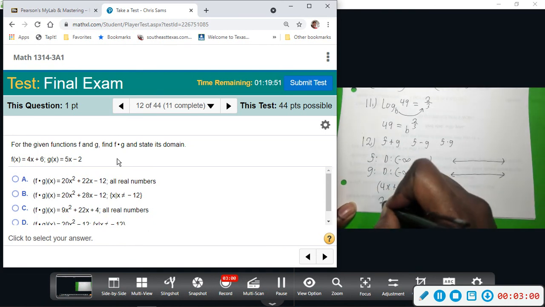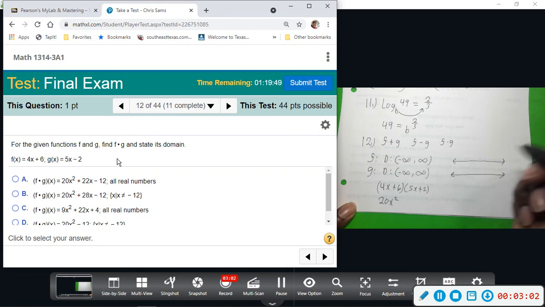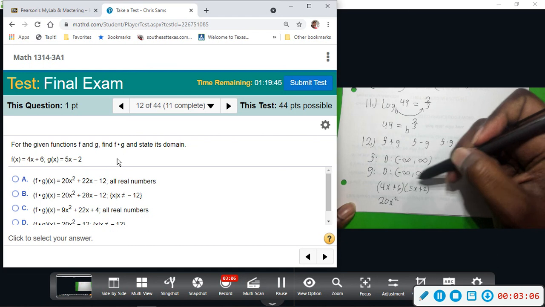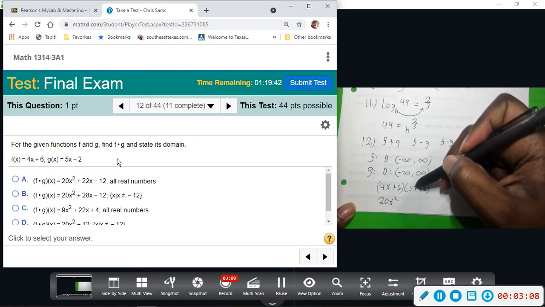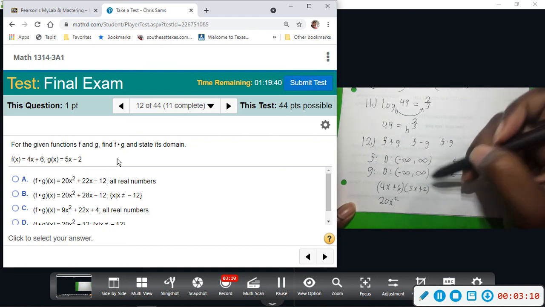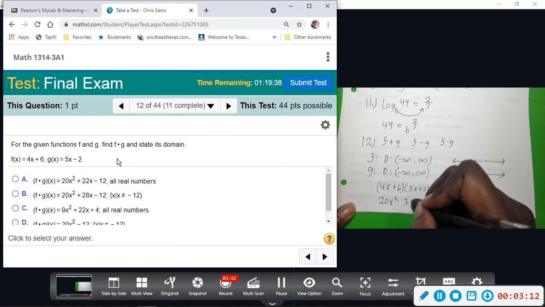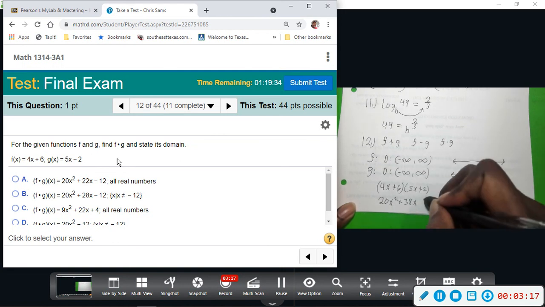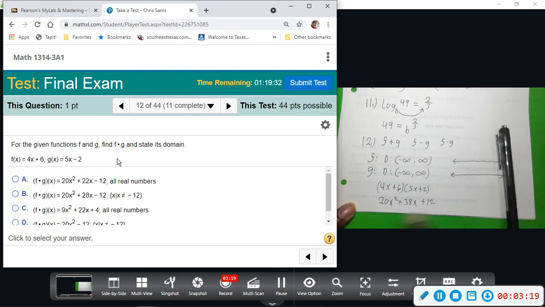That would give me 20x squared. 4x times 2 would give me 8. 6 times 5 would give me 30. So 8 plus 30 would give me 38x. And then 6 times 2 would give me 12. So this is a function 20x squared plus 38x plus 12.